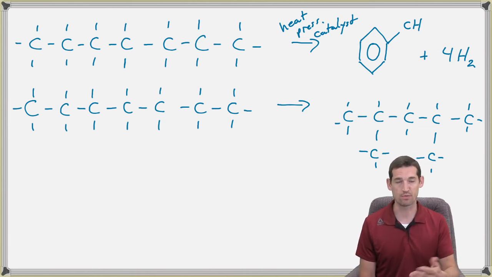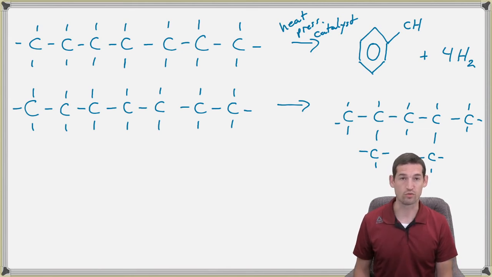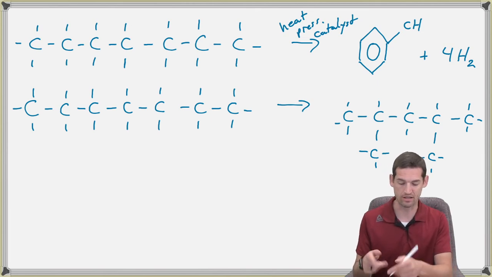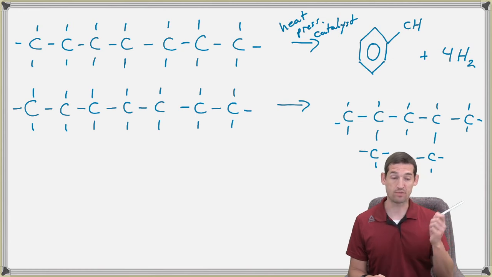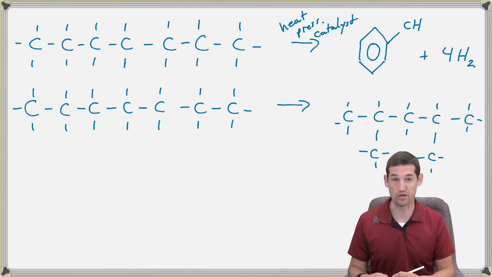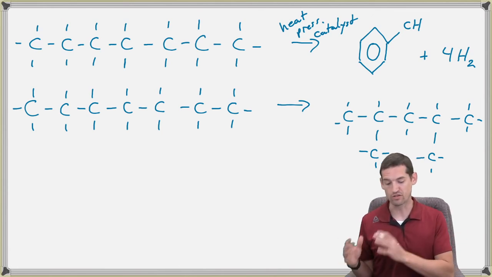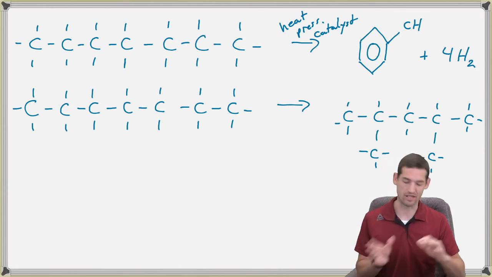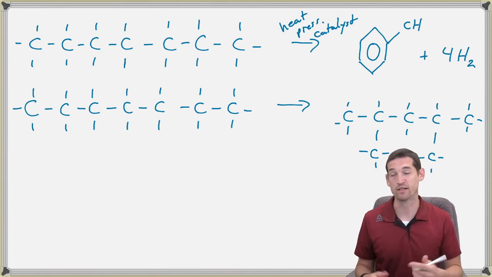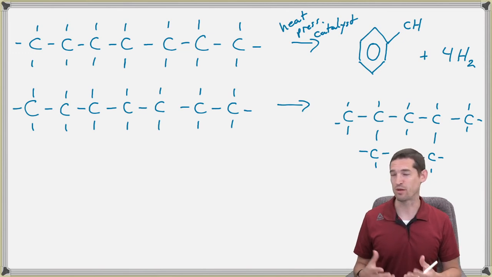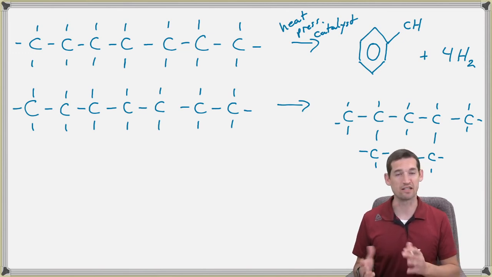So when you go to the gas pump and you buy 92 octane fuel, what that means is you're burning fuel that burns 92% like that 2,2,4-trimethylpentane molecule.